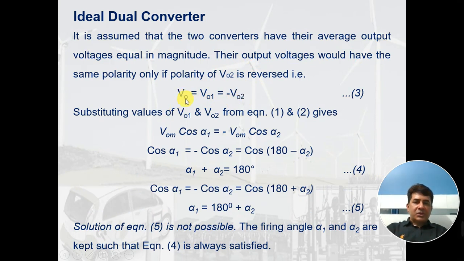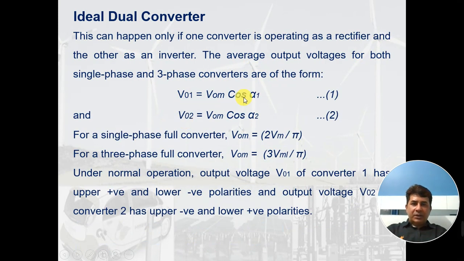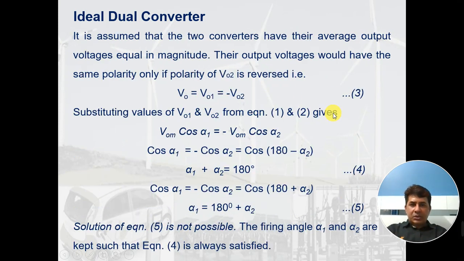So if we substitute the value of V01, which we wrote here, in equations 1 and 2, we get V0M cos alpha 1 is equal to this, or cos alpha 1 is equal to minus cos alpha 2, or we get alpha 1 plus alpha 2 equals 180 degree. If we solve it, we can get this as one solution.